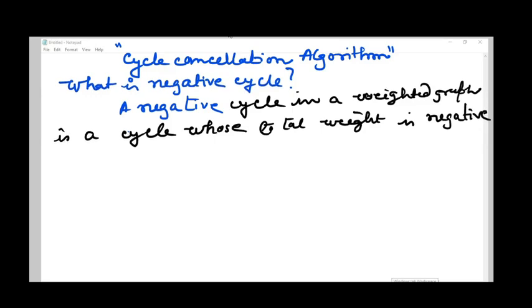Students, any algorithm you know that can detect a negative cycle in a weighted graph? Very good. Name? Siddhant. Bellman-Ford algorithm. So you can write it down here.